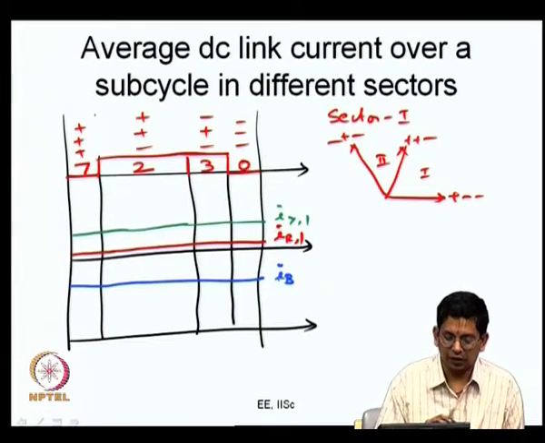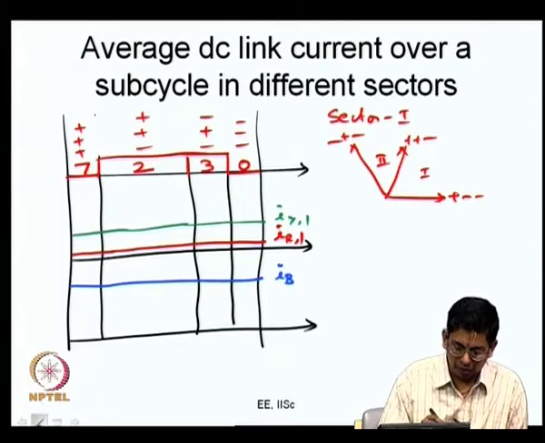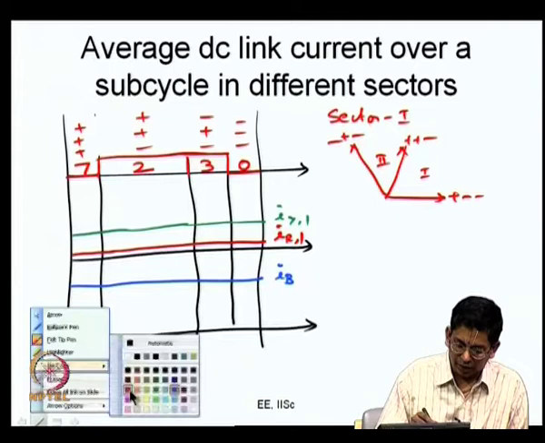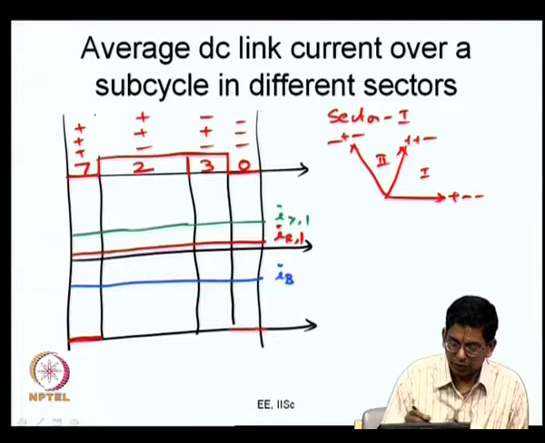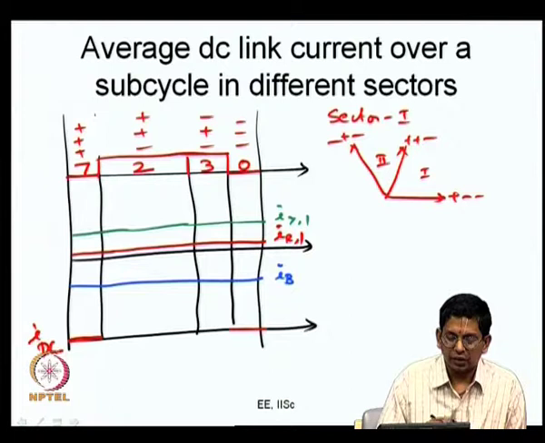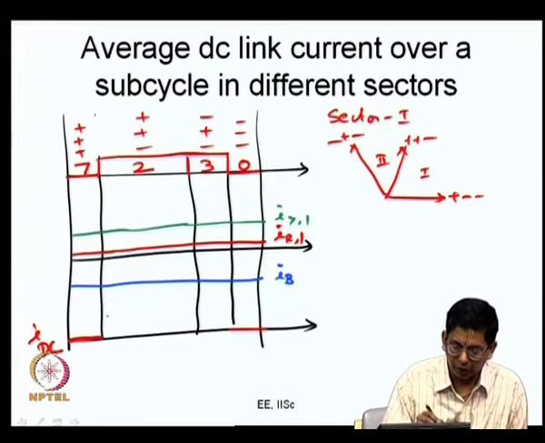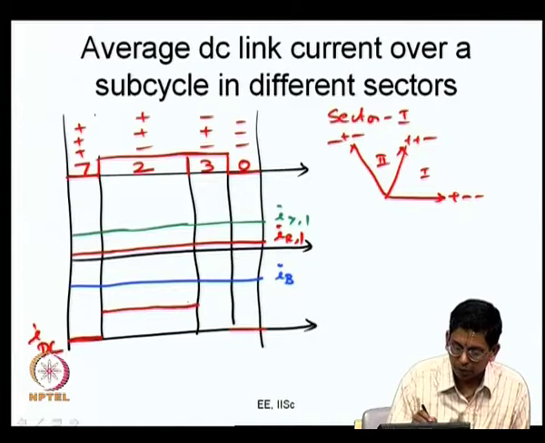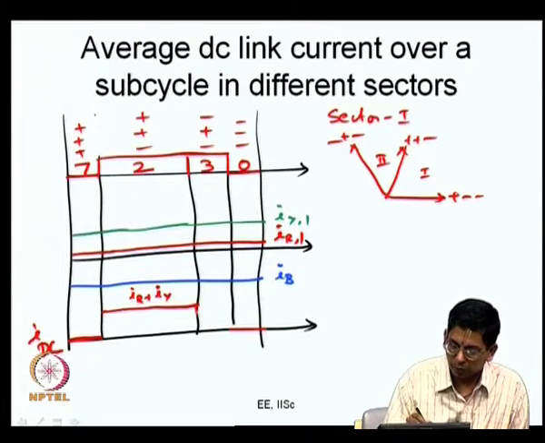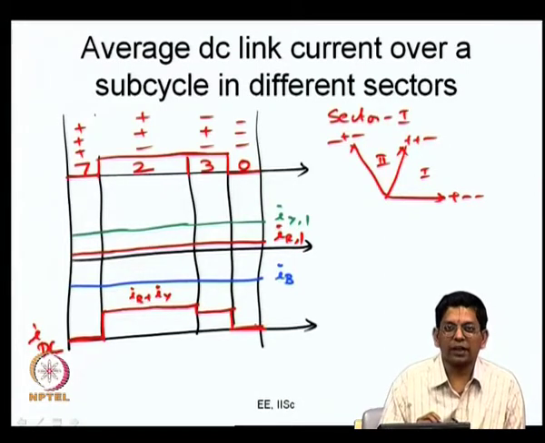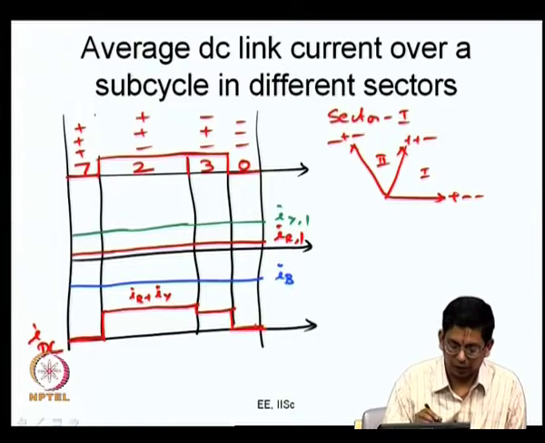So, when I want to draw my DC link current, during this time it is 0, this is also 0. Here I am drawing the DC link current. Then what happens during 2? It is IR plus IY. This is IR plus IY. Here it is IR plus IY or minus IB, and here it is equal to IY. This is IY. So, this is the nature of current during that, right.